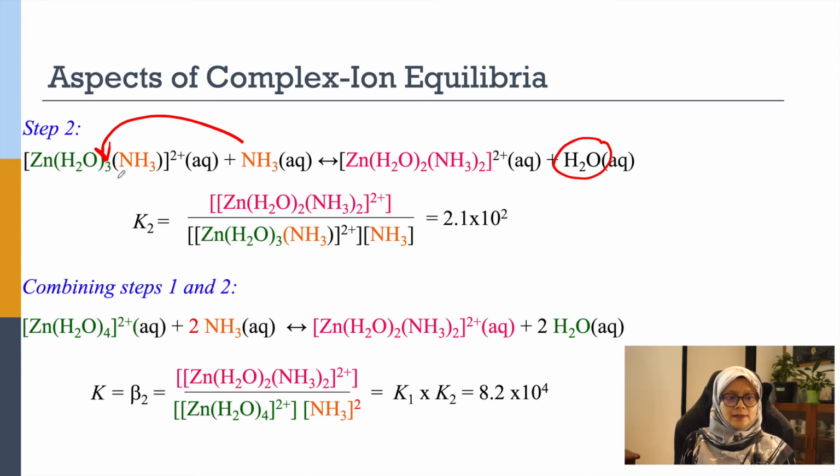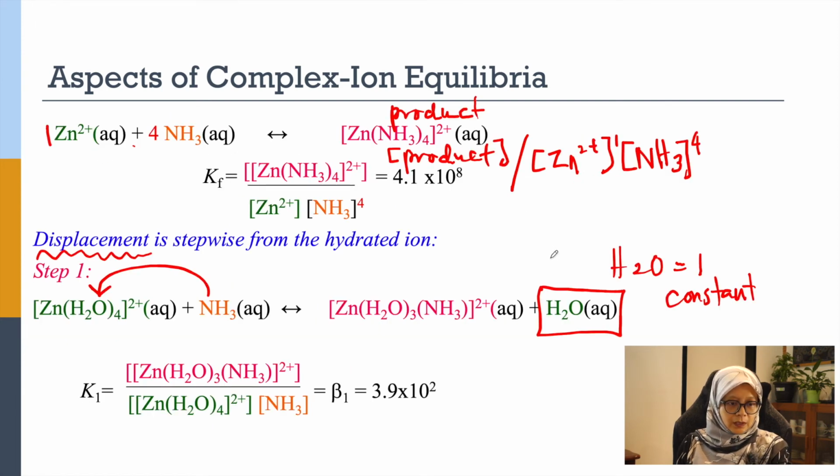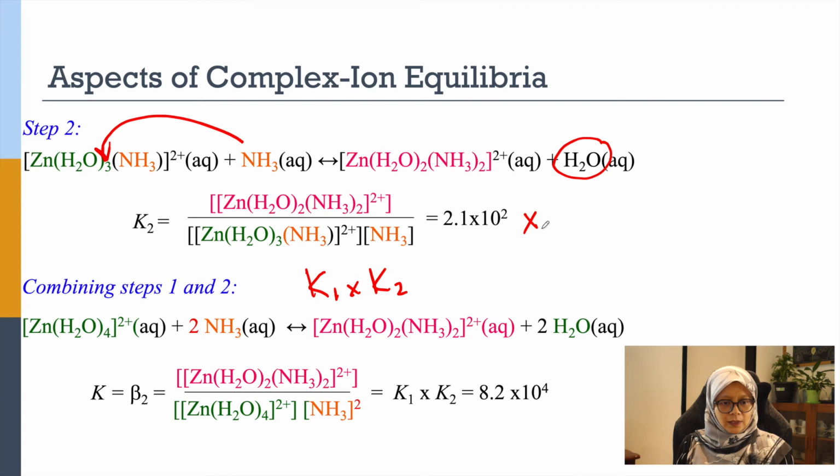If we combine step 2 and step 3, it is actually K1 times K2. So you need to multiply K1 and also K2.